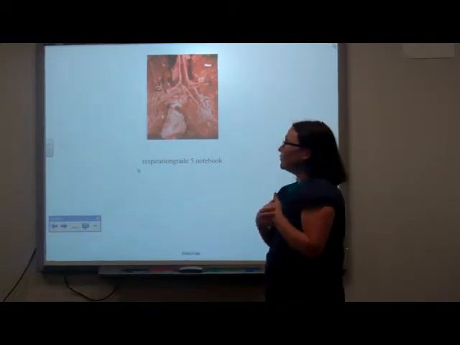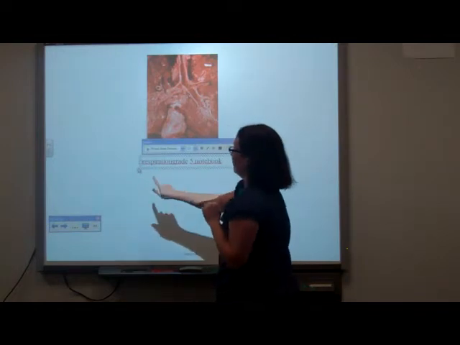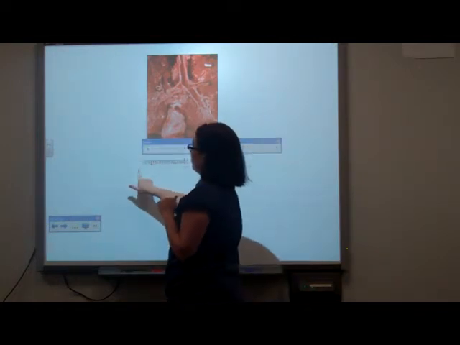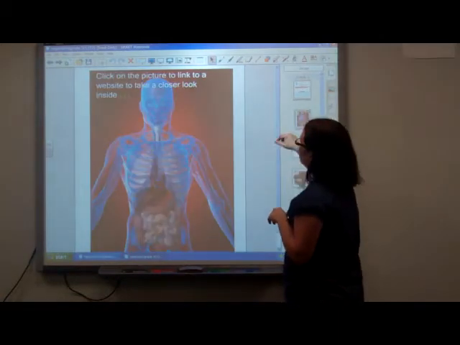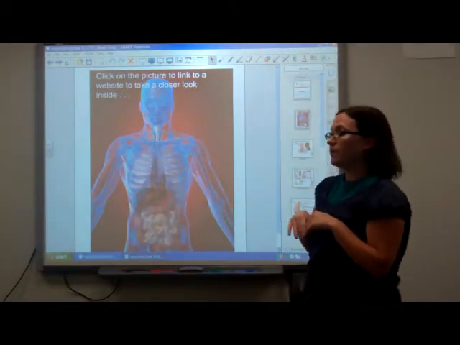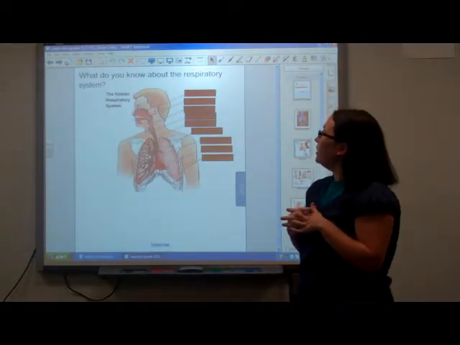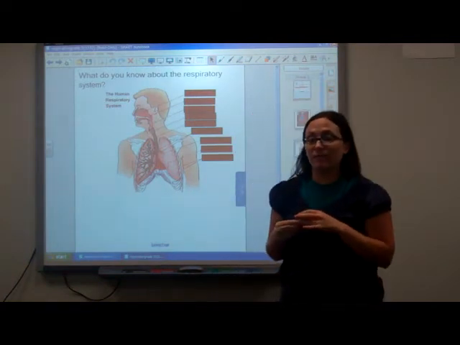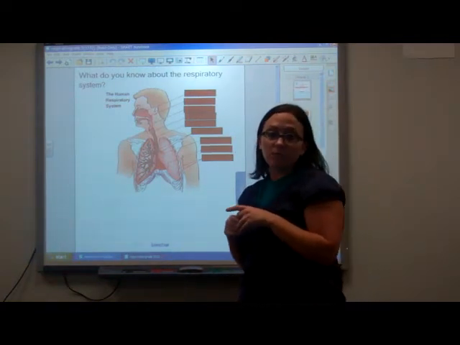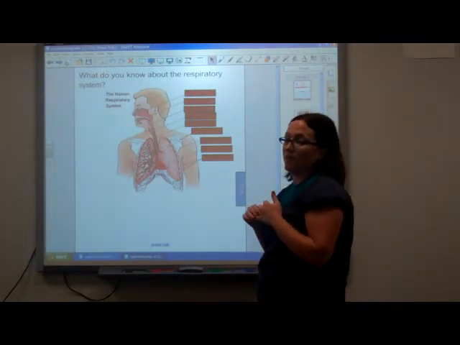Okay, we're going to learn a little bit more about our respiratory system. Here's a picture of the human body. What do you know about the respiratory system? And this is the human respiratory system. Now I'm going to have Keelan come to the board and help me teach everybody what the respiratory system is about.